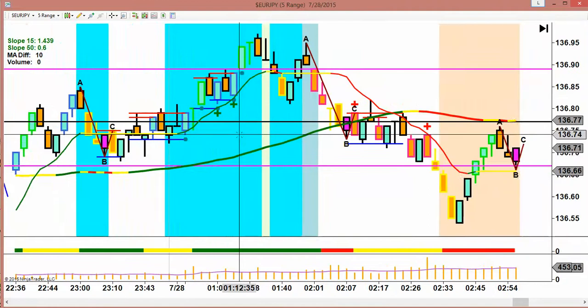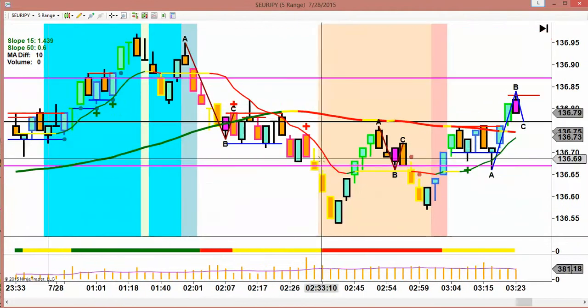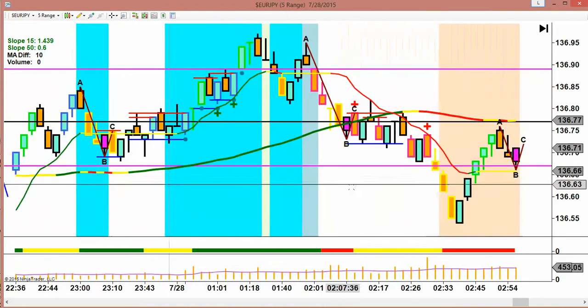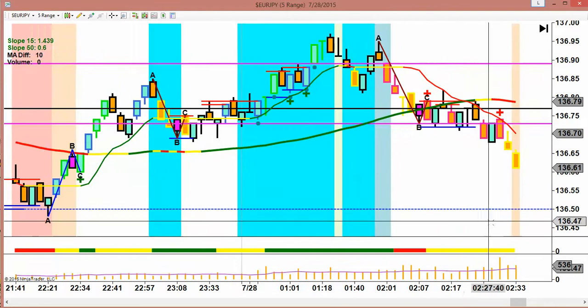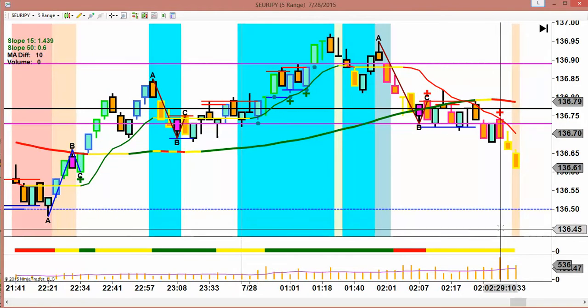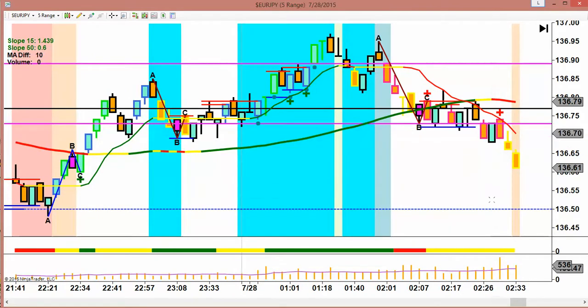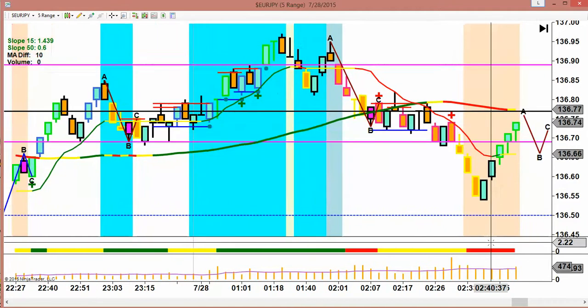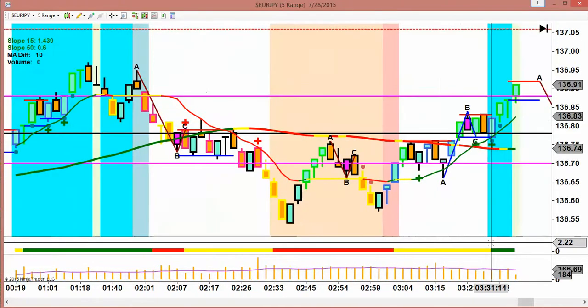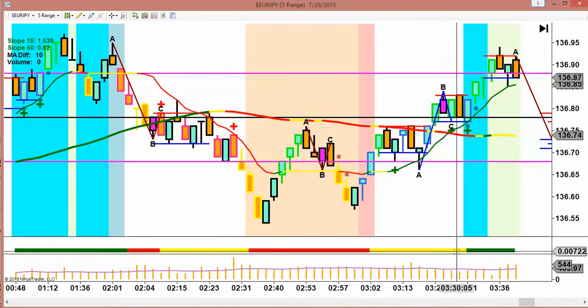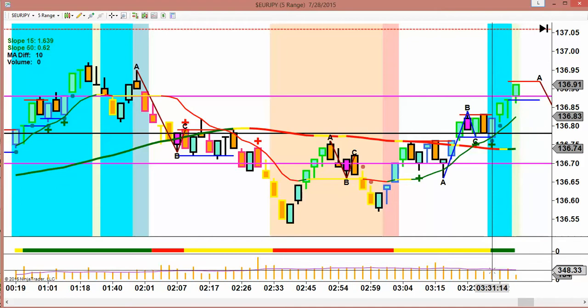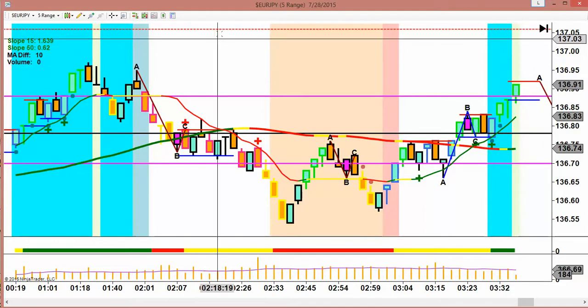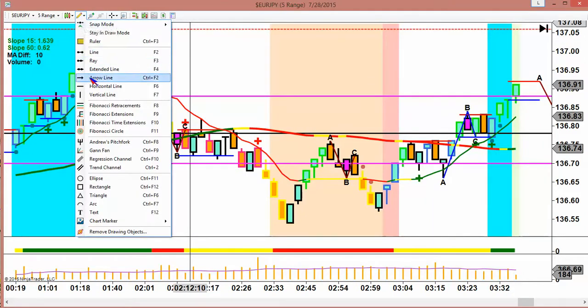Now this is a tough trade right here. It's right below the value area low, but you don't have the quant. So that makes it a little tougher trade. Remember, you don't want to trade. Now here's a great trade right here. You've got the quant, you've got background bias, and you're trading off the point of control that's acting as support. So this is a great trade to the upside.